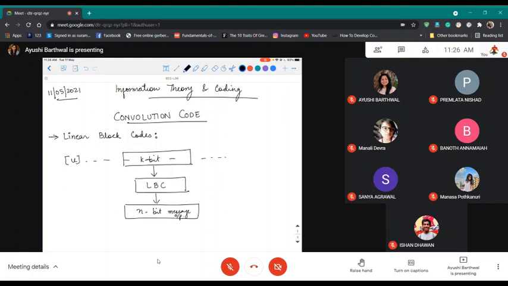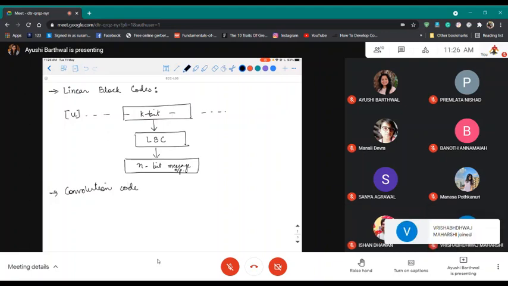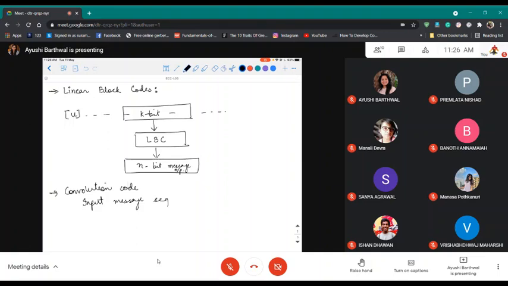In convolution code, we do not divide the input message sequence and take a segment of it. Rather, we take the whole input message sequence. It is taken all together.